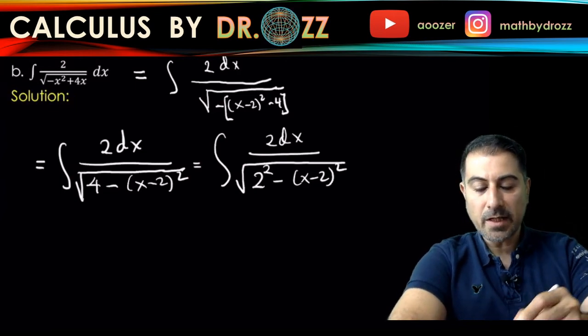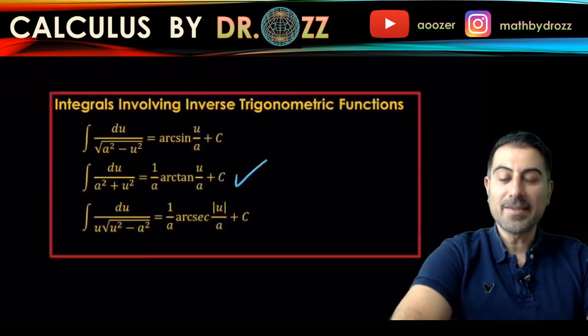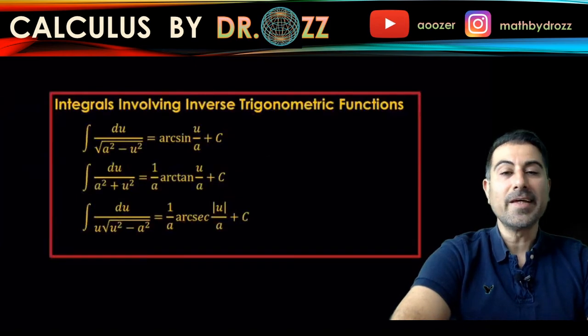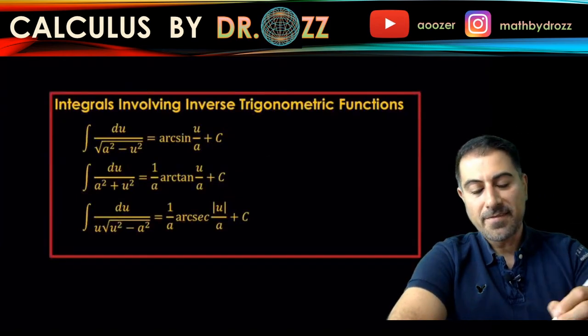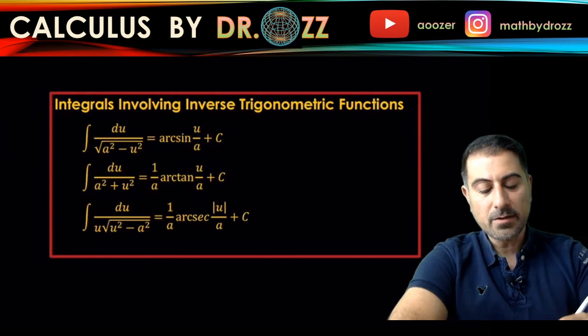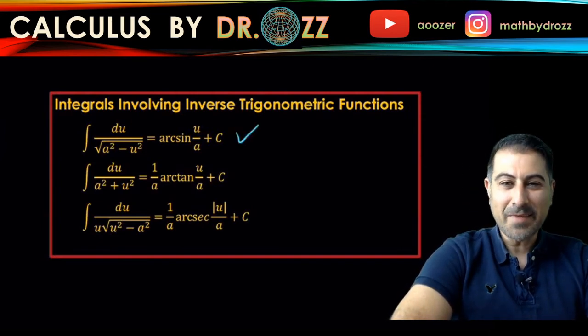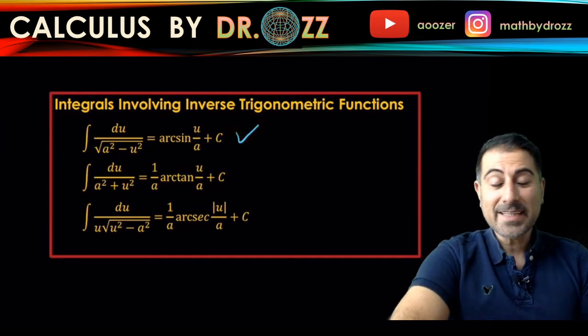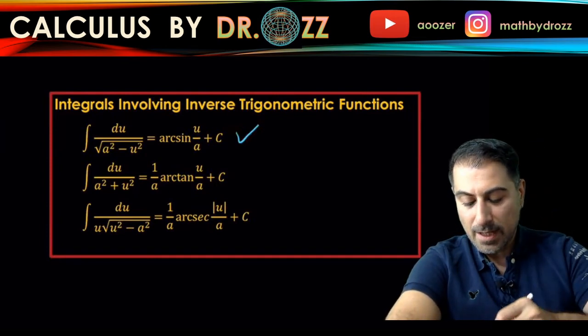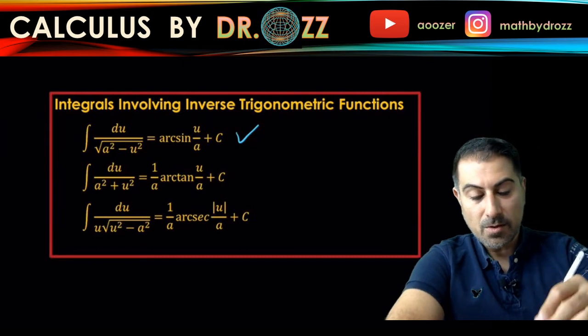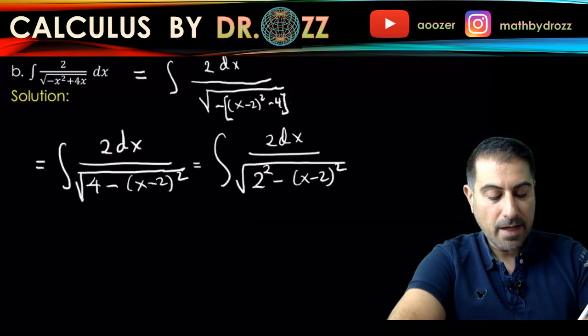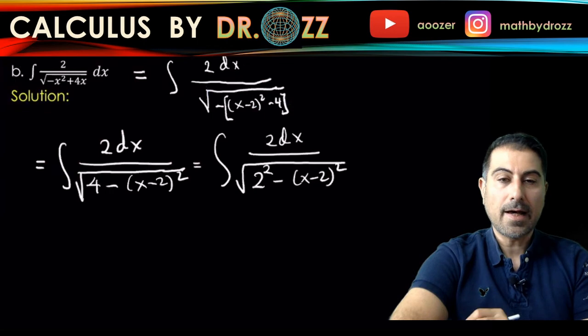This is one of the known forms in the table of integrals involving inverse trig functions. In fact, this is the very first integral here: du over radical of number squared minus variable squared. So this tells us what to call u in this problem. I have a to be 2 and u to be x minus 2.